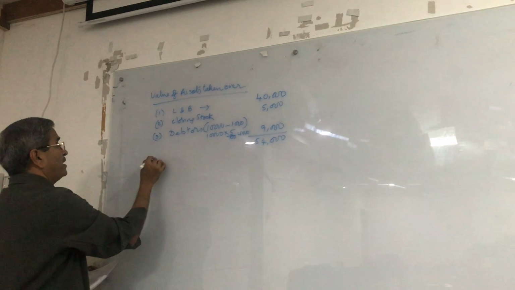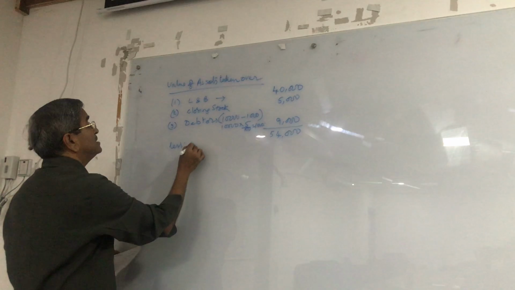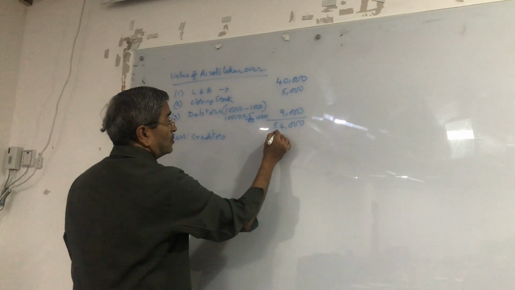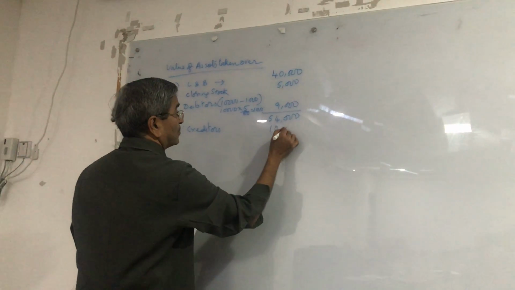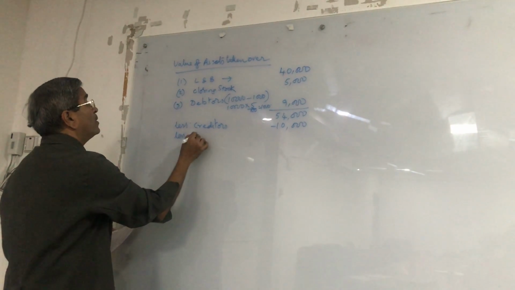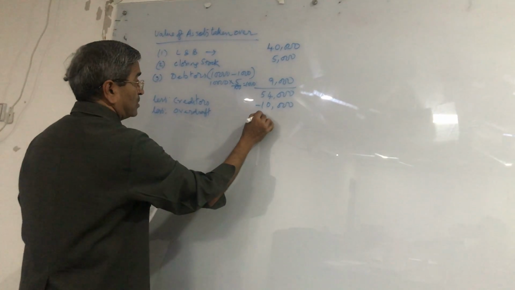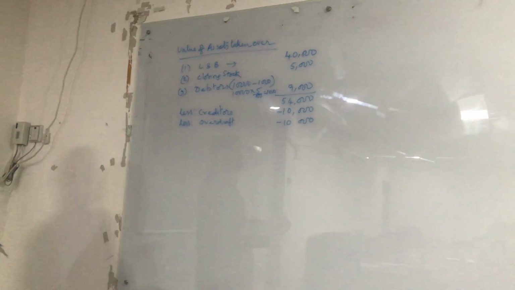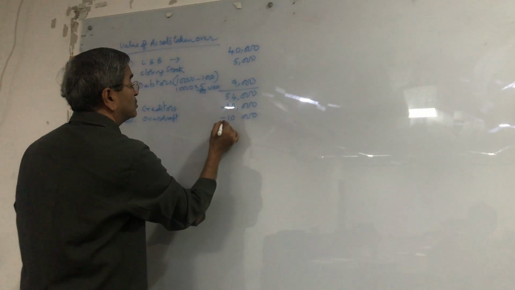We have also agreed to discharge the liabilities. The liabilities agreed are creditors given to us is 10,000, and you have bank overdraft 10,000. When we subtract these two, it will be 34,000.